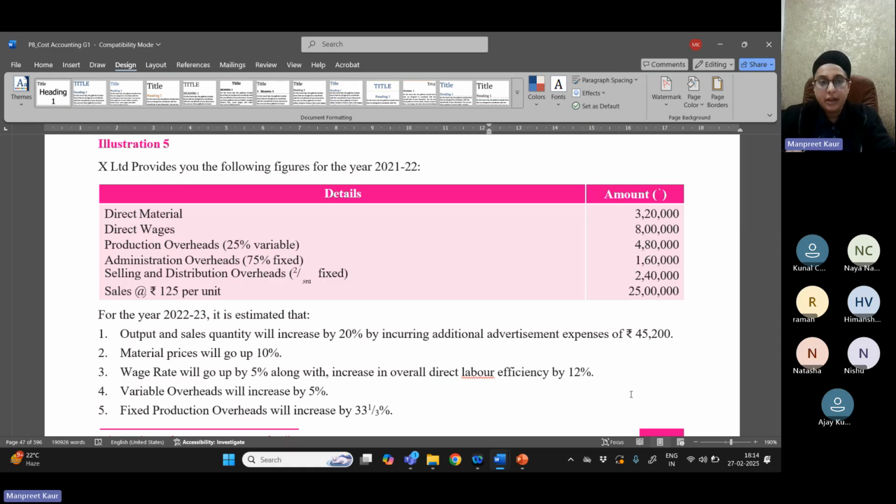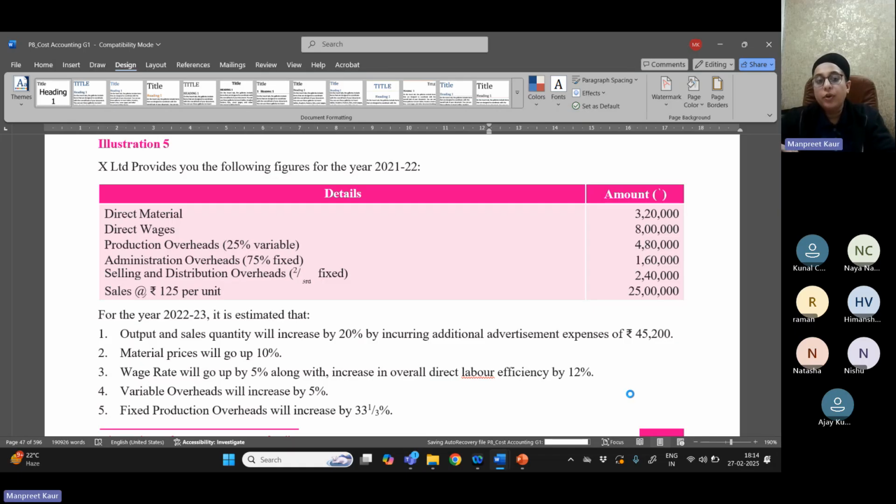Direct material is given, direct wages is given, production overheads is given, admin overheads is given, selling and distribution overhead 2/3 is fixed, sales is given. Output and the sales quantity will increase by 20% by incurring additional advertisement expenses of 45,200.